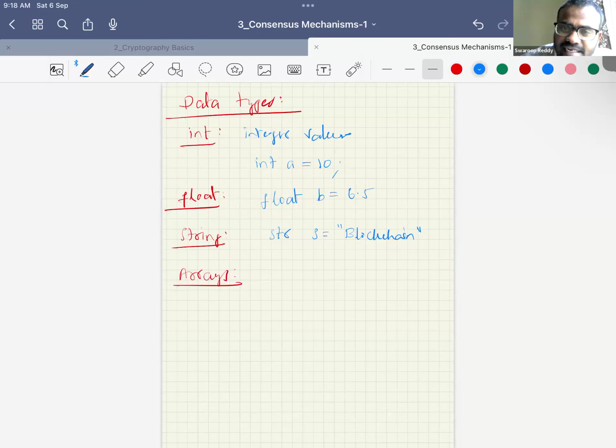Arrays mean it can store a group of data in memory, stored in sequential order. For example, if we define a[10] = 1, 2 and so on up to 10, this can store 10 values in sequential order. So every variable will have some memory allocation.